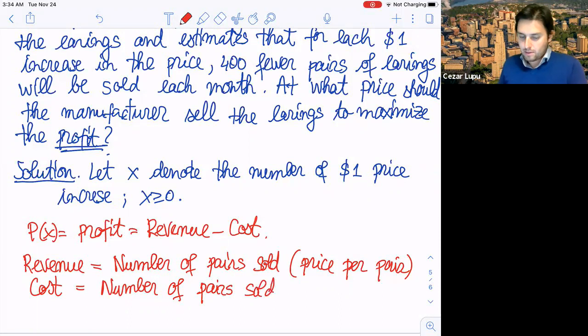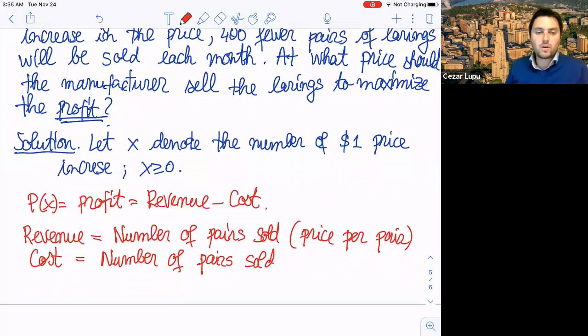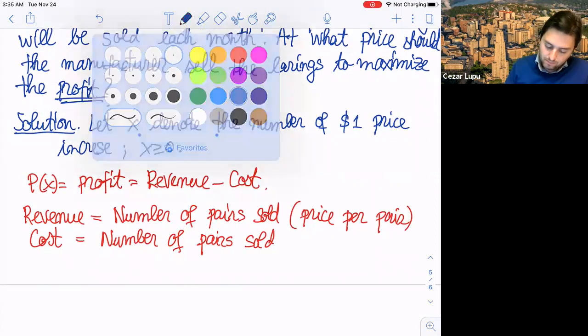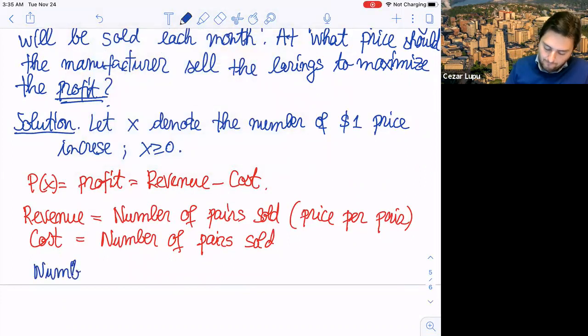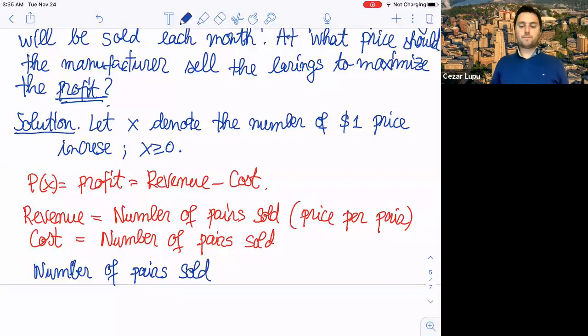And now we know that the number of pairs sold is equal to 4,000 minus 400 times the number of $1 increases.